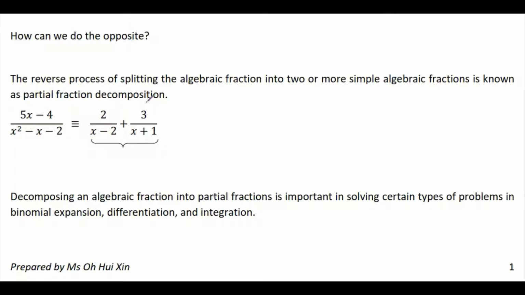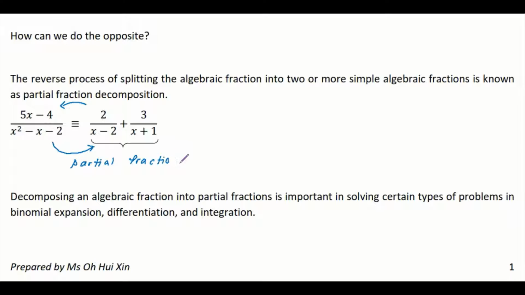From the example just now, we added them up to get this one, right? So partial fraction decomposition is basically the opposite: how do we get this from the compound function? The answer that we get when we do the reverse process is called partial fractions.